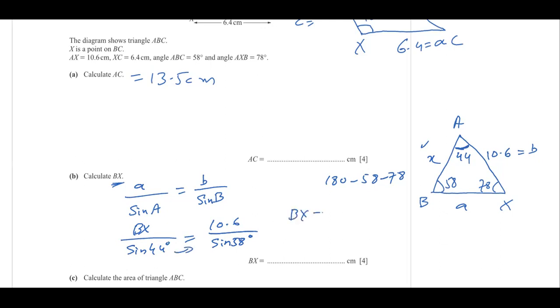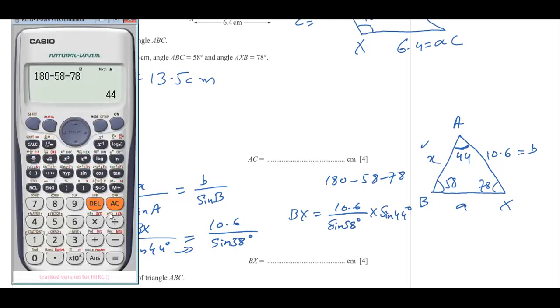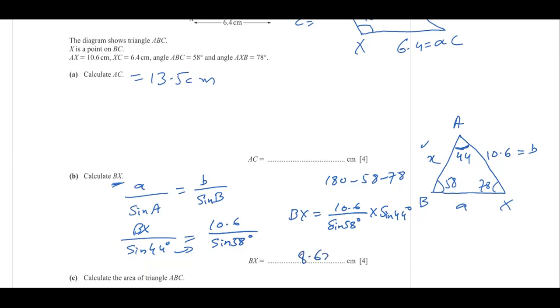So finally BX will be 10.6 over sine 58 multiplied by sine 44. So let's calculate that. 10.6 divided by sine of 58 multiplied by sine 44. 8.62. It's 8.62 centimeter. Simple.